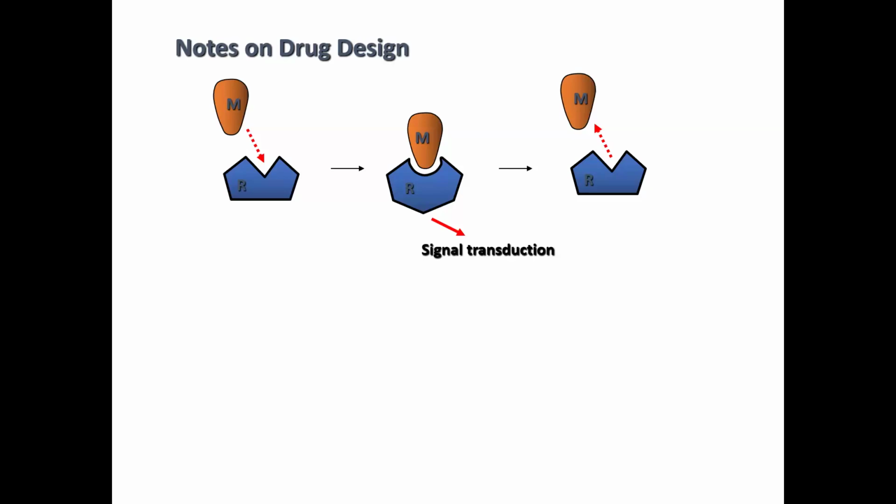It changed shape, right? After it changes shape, that's when it releases the neurotransmitter. Then after it sends it out, it exits. And what happens to the receptor? It goes back to its original shape.